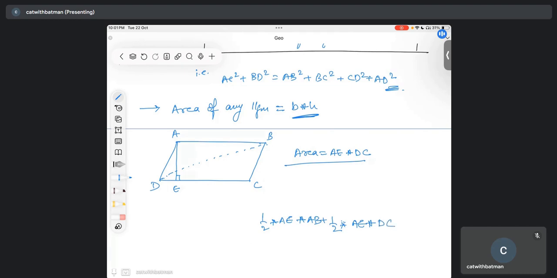But since opposite sides of a parallelogram are parallel and equal, AB will be DC. So half and half will make 1 and it will be AE multiplied by DC, which is our original answer. That is base into height. Or we can keep it whatever you like.